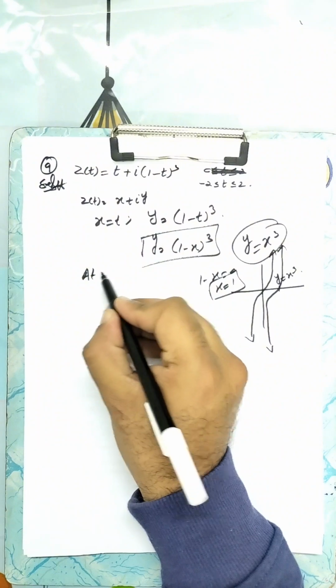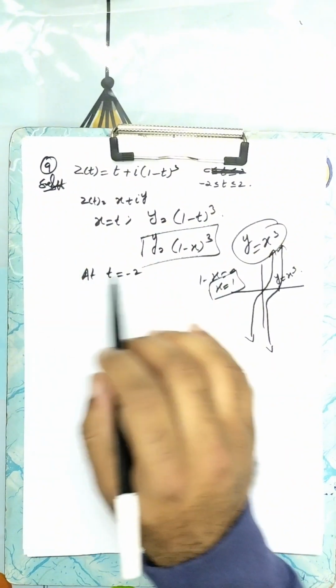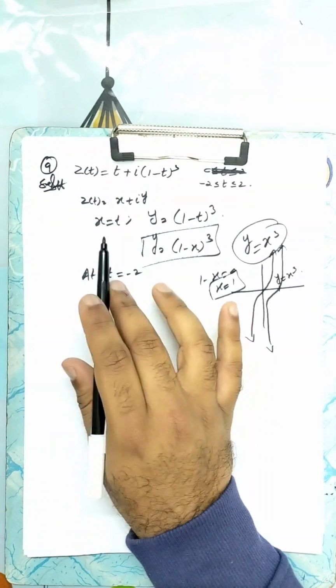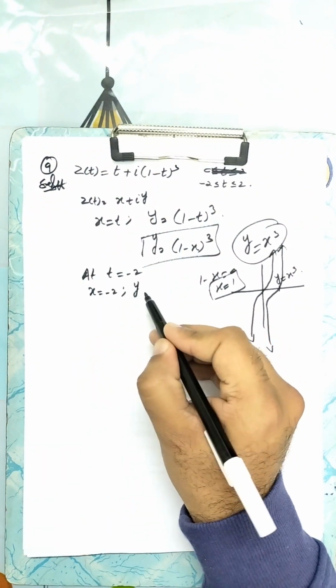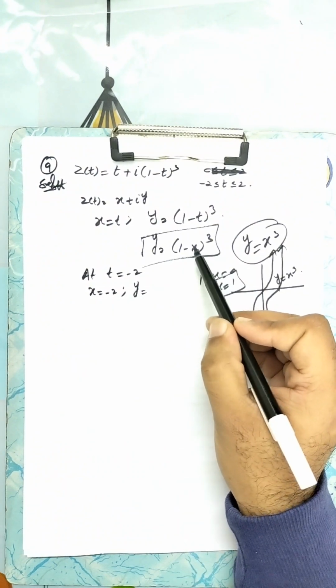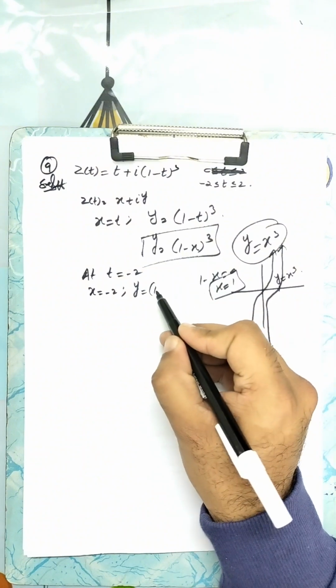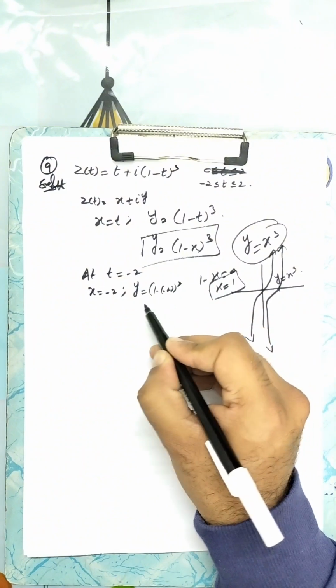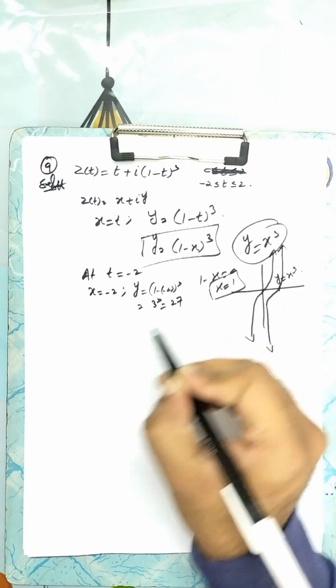At t equal to -2 is the starting point. So put t equal to -2, so x is equal to -2, and y is equal to (1 - (-2))³, and 1 plus 2 is 3, 3 to the power 3 is 27.